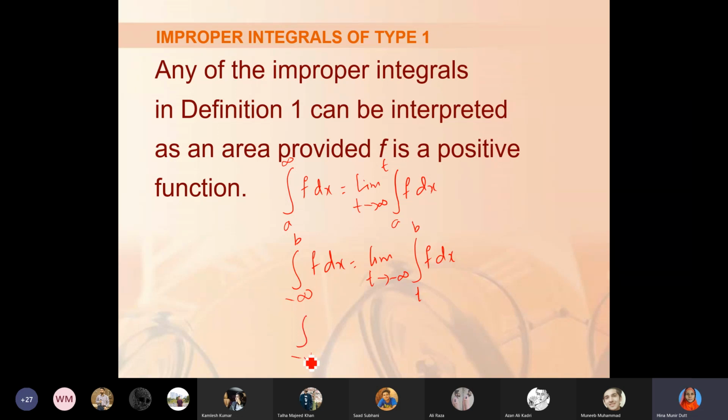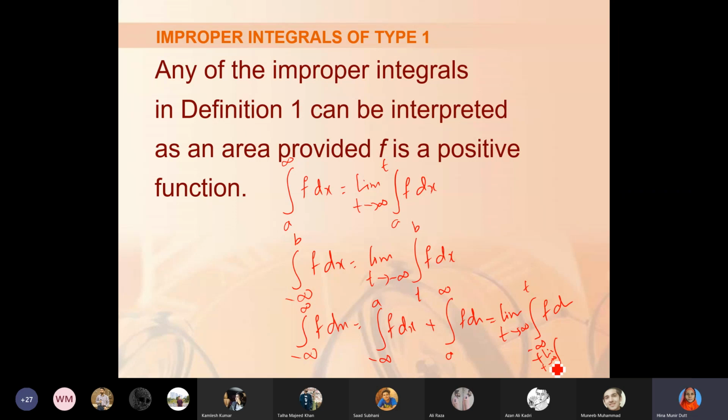And if you have minus infinity to infinity, then first you need to break the interval by taking any point on this domain. For example, a, you can take 0 for your convenience, f dx, and then write limit t approaches to minus infinity, minus infinity to t f dx, plus limit t approaches to infinity.